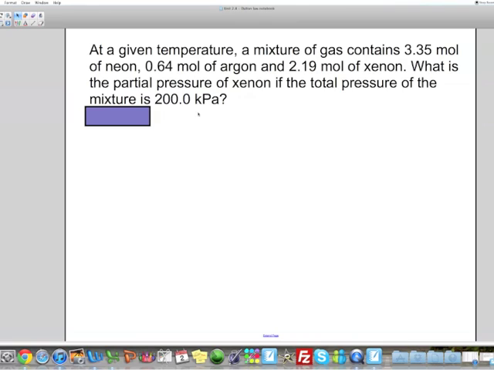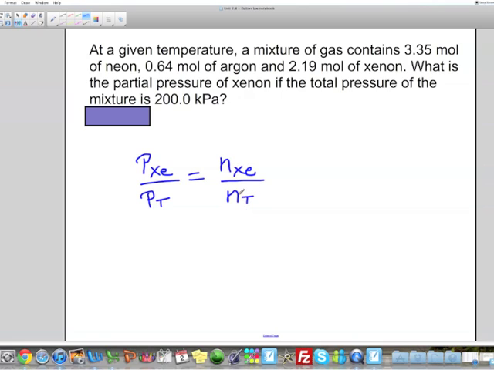So first thing we need to do is write down our information, or some of it anyways. So let's pick a color. Let's go with blue as usual. Okay, so we said that the equation is partial pressure of gas A, which is xenon, versus total pressure of the mixture is equal to the number of moles of xenon over the total number of moles of gas.